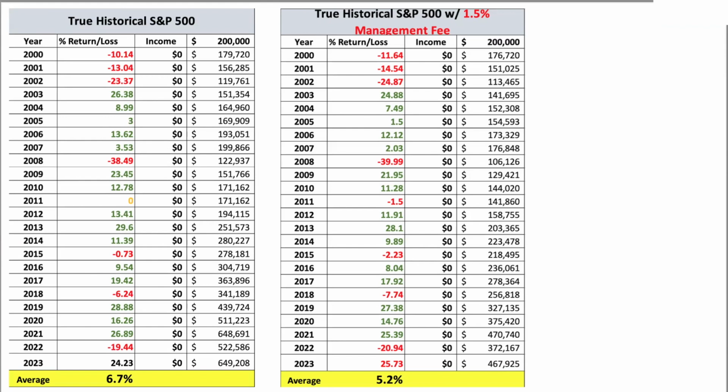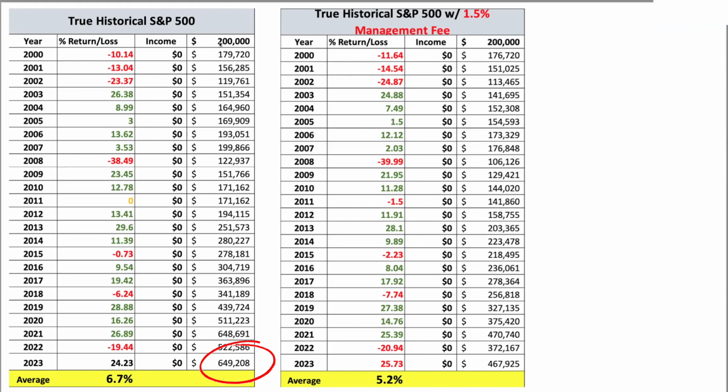And I just used a 1.5% management fee. And then typically they'll charge you another 0.5% to move your funds around. So look what happens. Your 200K grows to 649,000 over here, right? So best case scenario, your fees are 1.5%. And that's small, right? No big deal, because that's what they'll tell you.